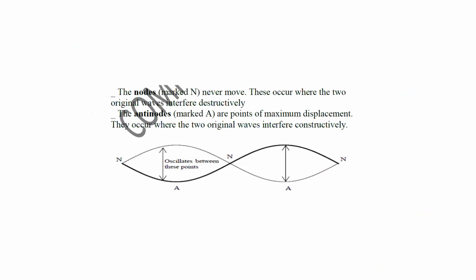So as you can see here, the node which is marked by the letter N never moves, and these occur where the two waves interfere destructively. What is the meaning of destructive interference? The term destructive interference means two waves try to cancel out the effect of each other.